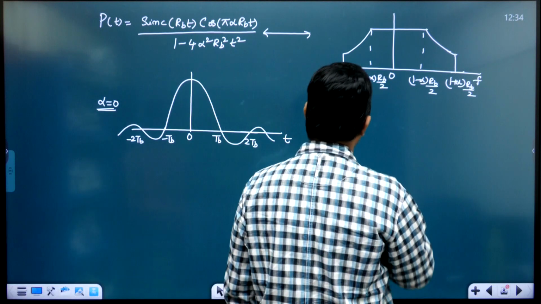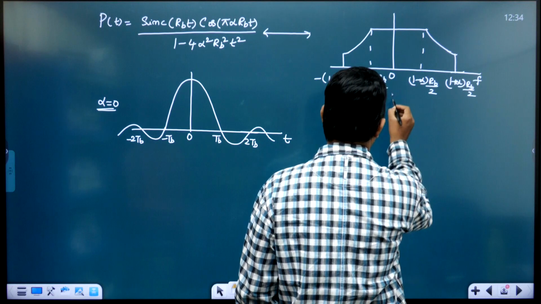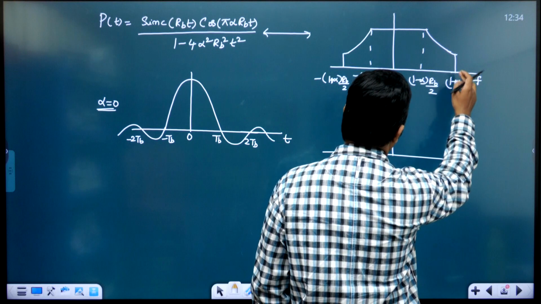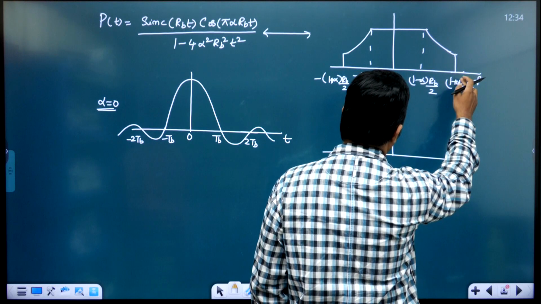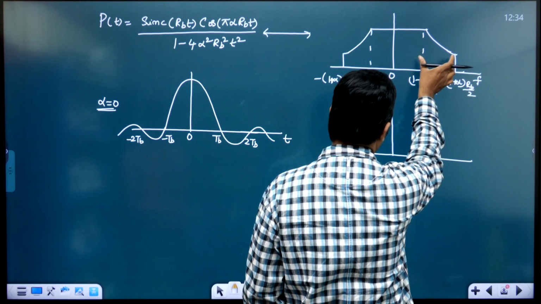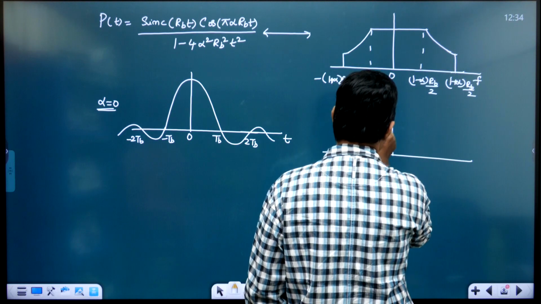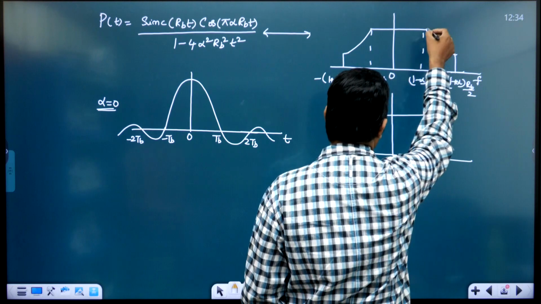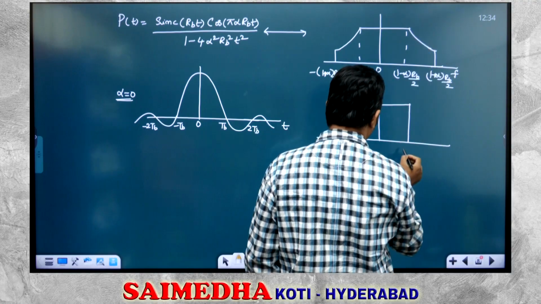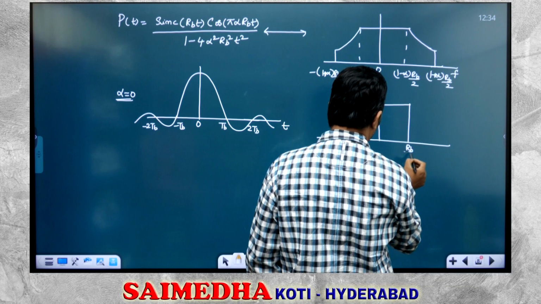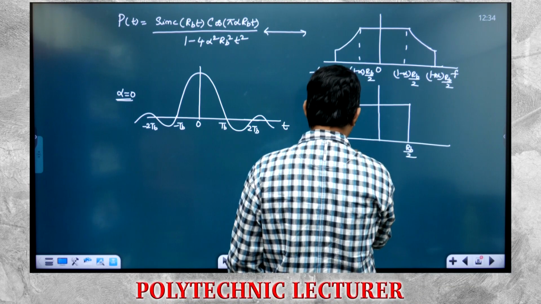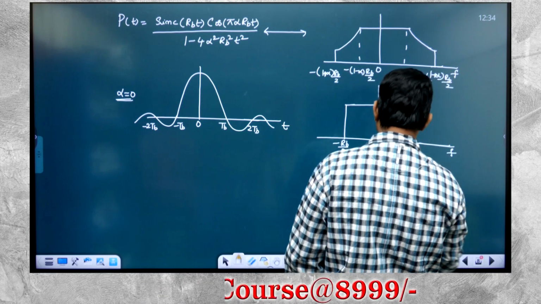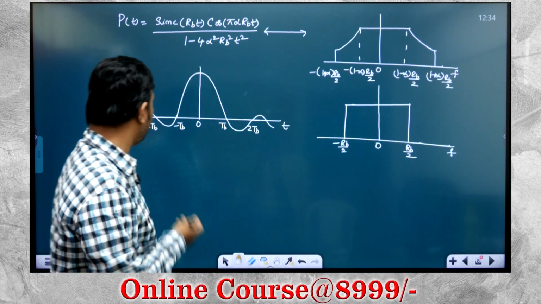If alpha is equal to 0, this becomes RB by 2 and this also becomes RB by 2, so these two combine and we won't have this one. So alpha is 0, RB by 2 to minus RB by 2, and the bandwidth is RB by 2 for the sinc pulse.